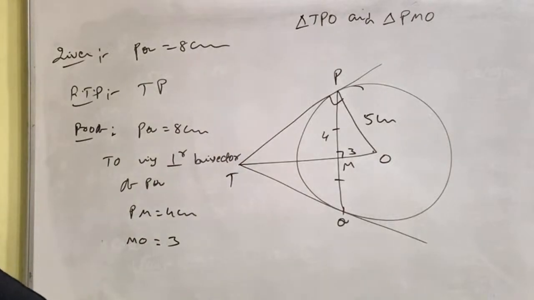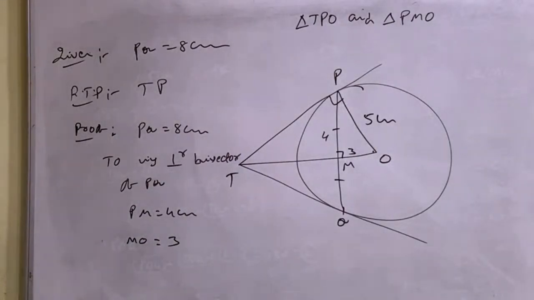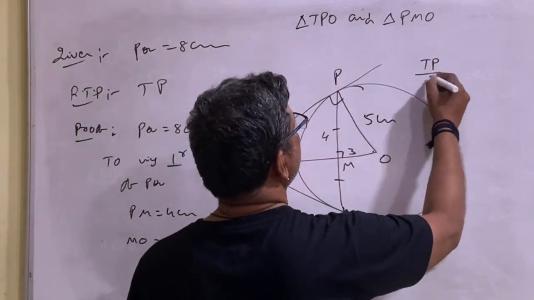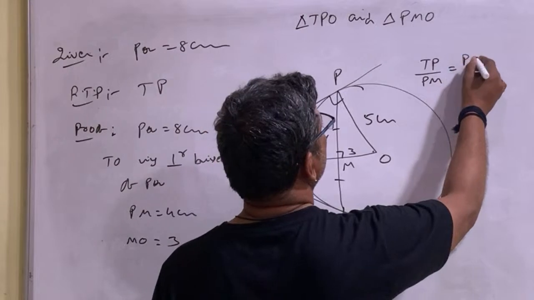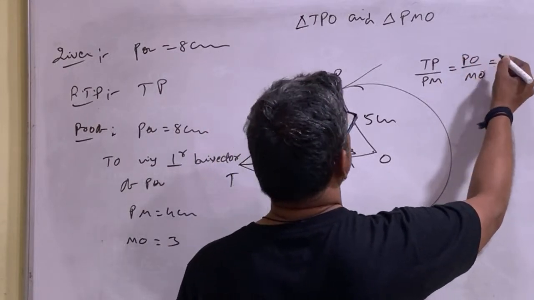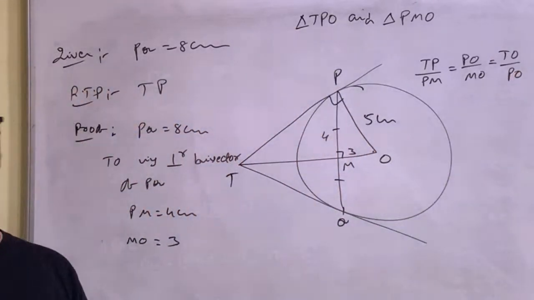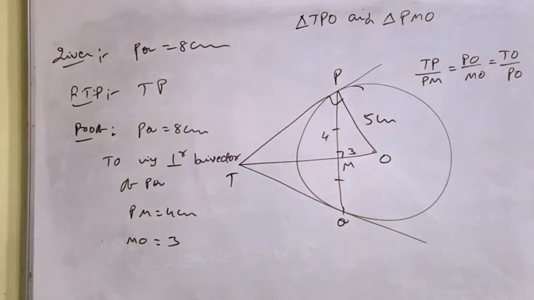What can you say about those two triangles? Yes, they are similar by AA similarity. So the ratio TP by PM is equal to PO by MO is equal to TO by PO. Since they are similar, we need to take the ratio.